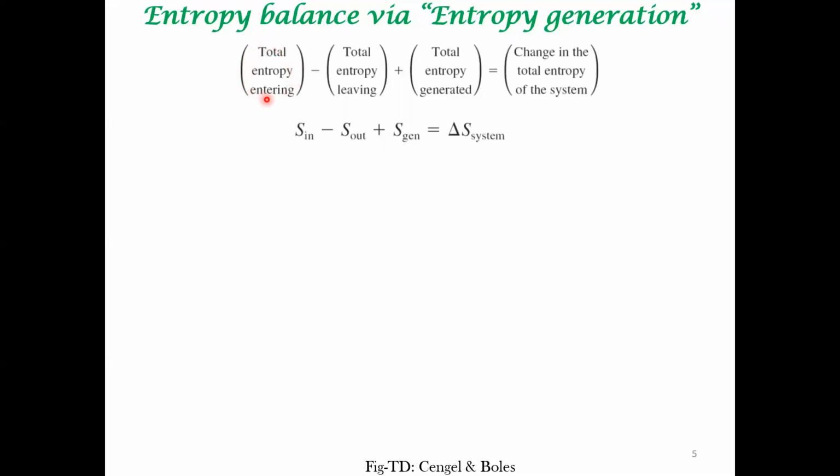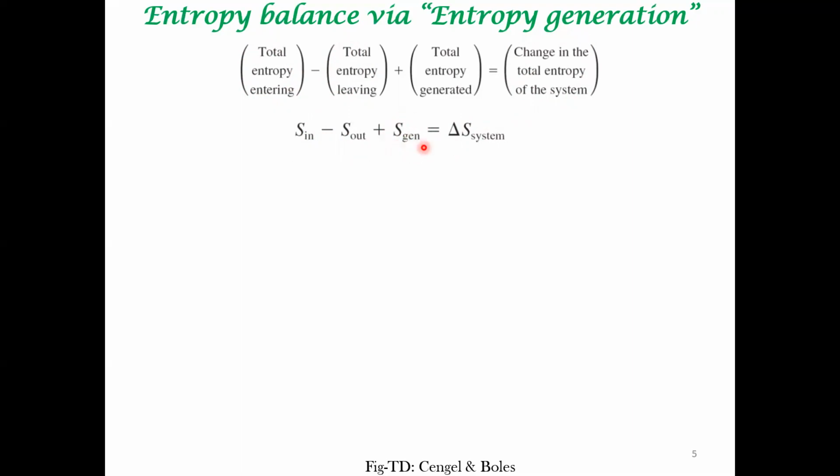There is some entropy that is entering into the system, there is entropy leaving the system, and then there is change in entropy of the total system. When you try to account for this via these two, they're not one and the same. There is an additional term that develops, that is called the entropy generation term.